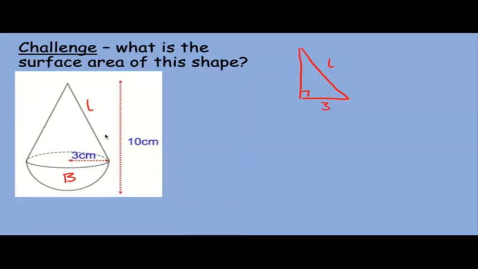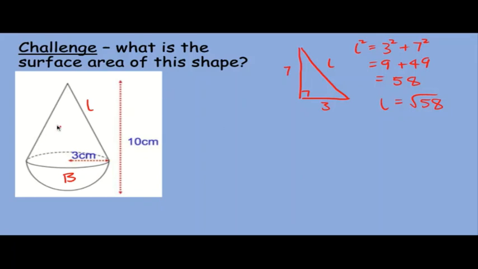So our height must be 10 minus 3, which is 7. Thinking about Pythagoras, L squared is 3 squared plus 7 squared, which is 9 plus 49, which is 58. So L must be the square root of 58. I'm going to just leave that as the square root of 58 for the moment. It'll make things a little bit easier going forward.